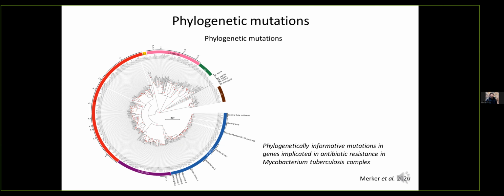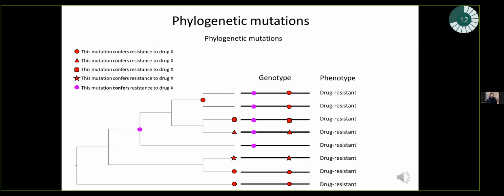So now, to finish, I would like to introduce this example. It is exactly the same example that I provided before with the blue mutation, but now the mutation is purple, because now this mutation confers drug resistance. What happened evolutionarily is exactly the same.